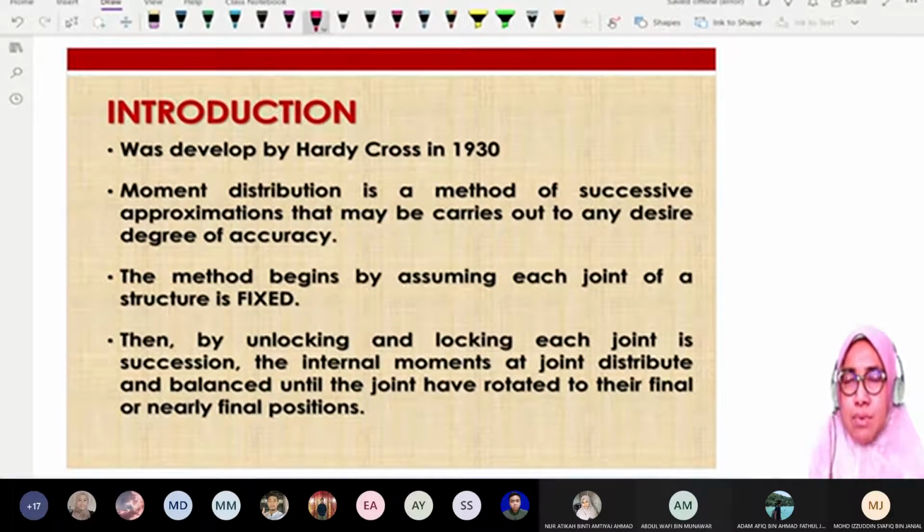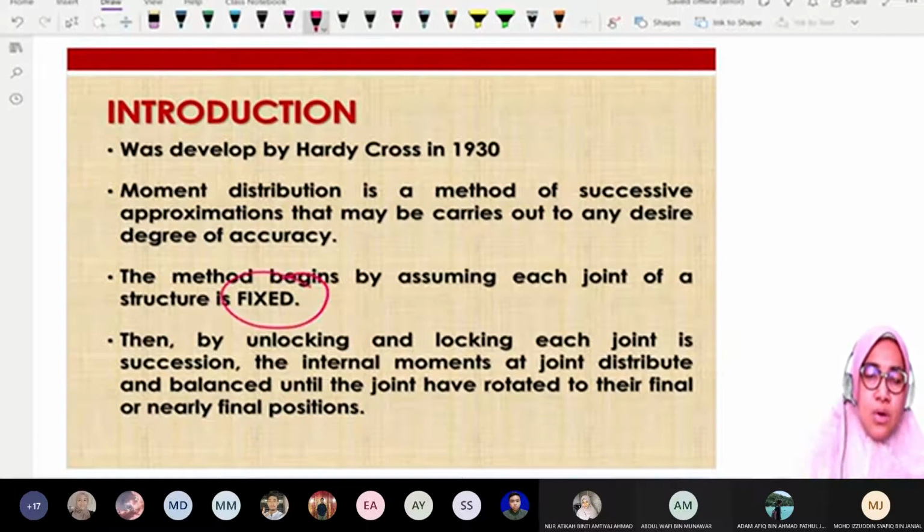It is very easy because we can formulate it in Excel and we can get the answer directly. But of course you need to know the principle. So what is the process that you need to do before you can formulate it into the table, and finally the Excel will calculate the member end moment for you. So this is the idea.